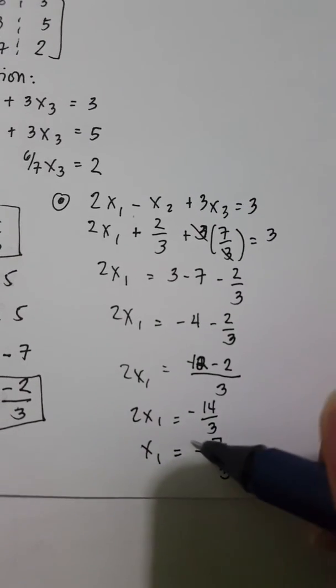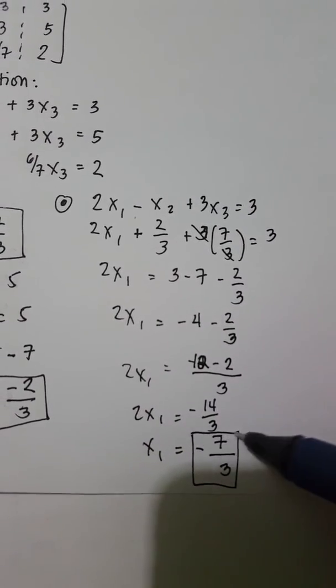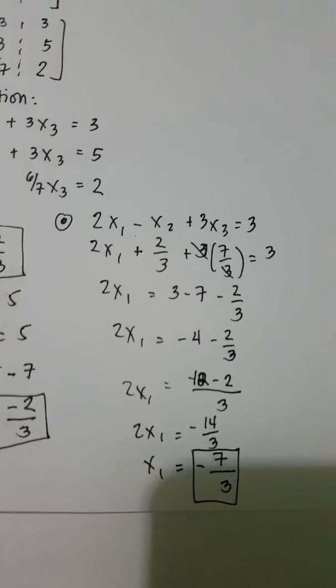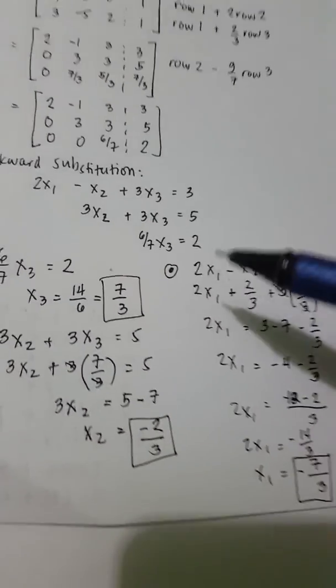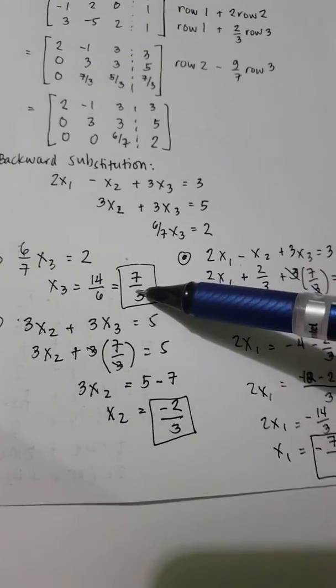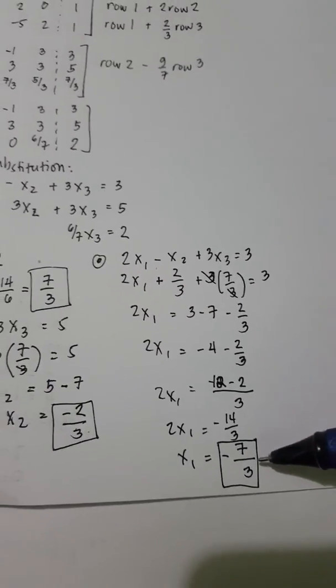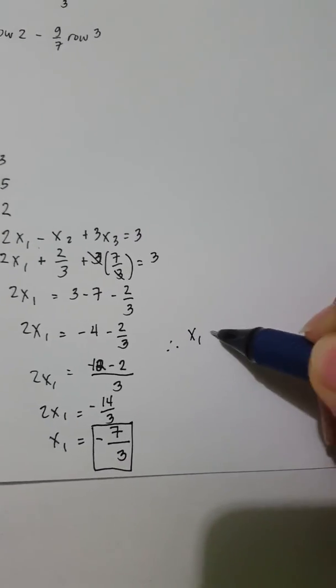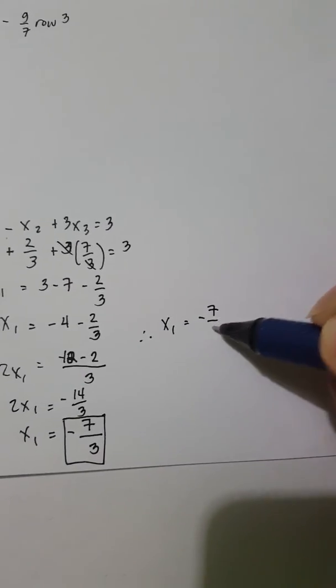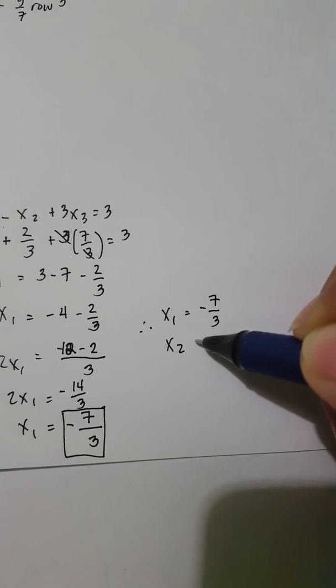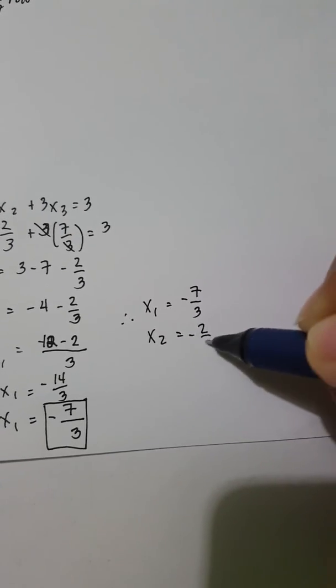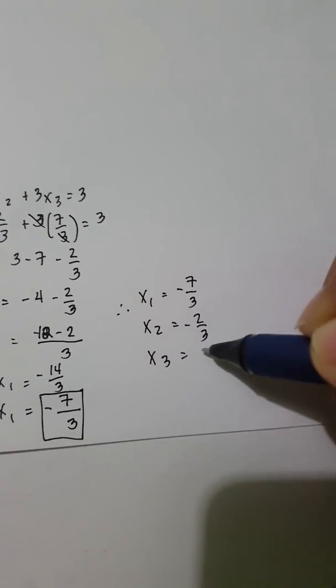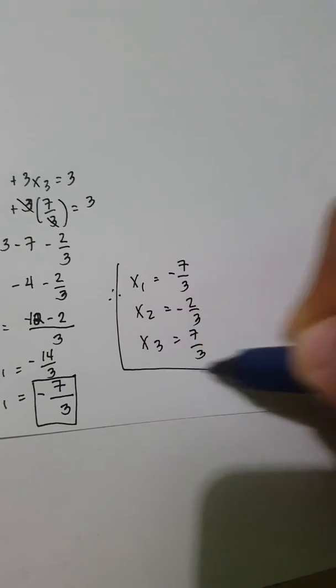Okay. So, this is now the value of our x1. So, by substitution, we got x3 first, then x2, and then x1. So, therefore, our final answer, we have x1 is equal to negative 7 over 3. x2 is equal to negative 2/3, and we have x3 is equal to 7 over 3.